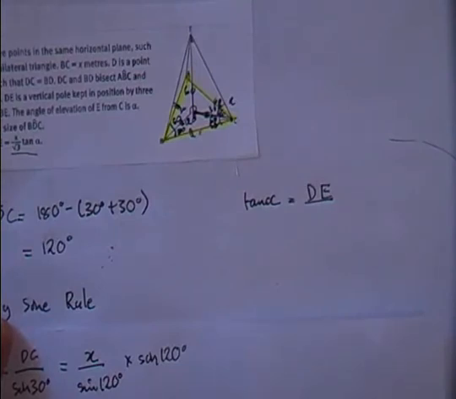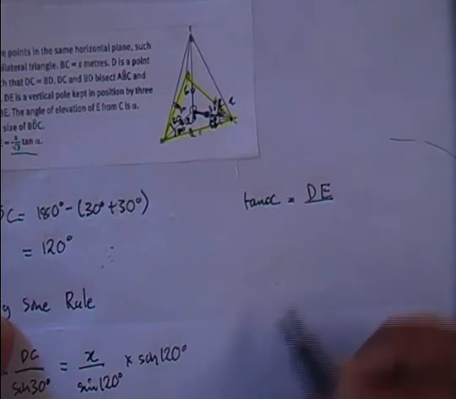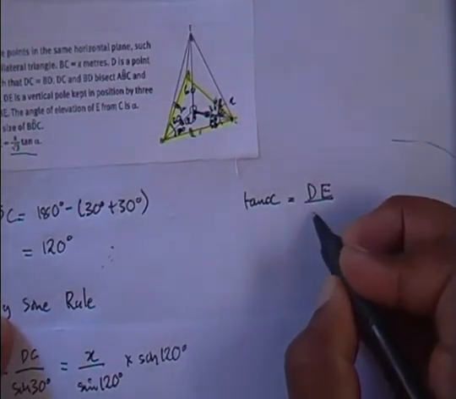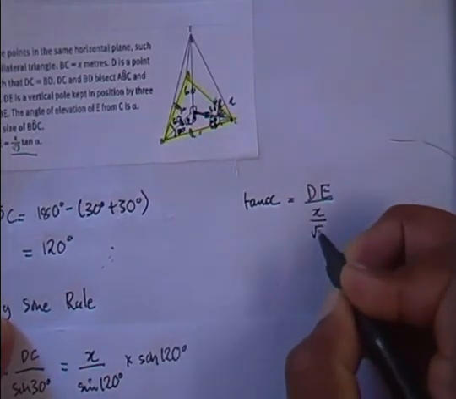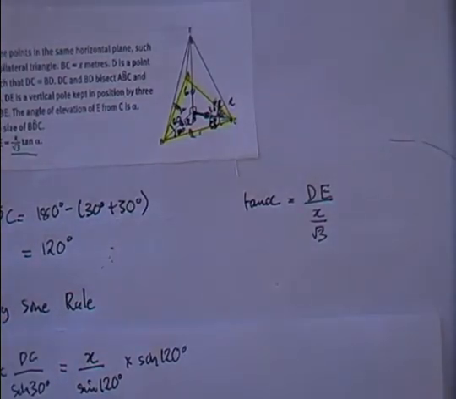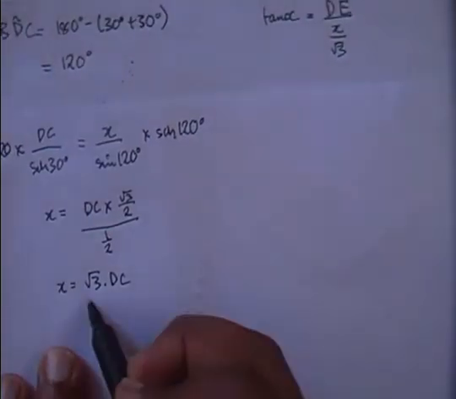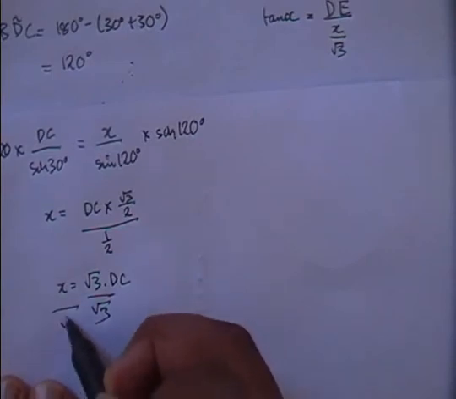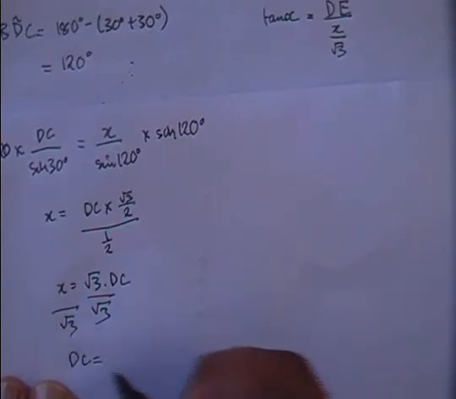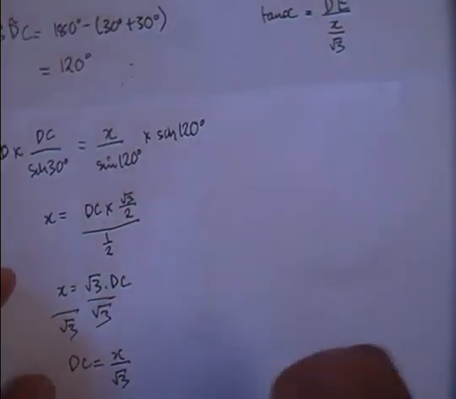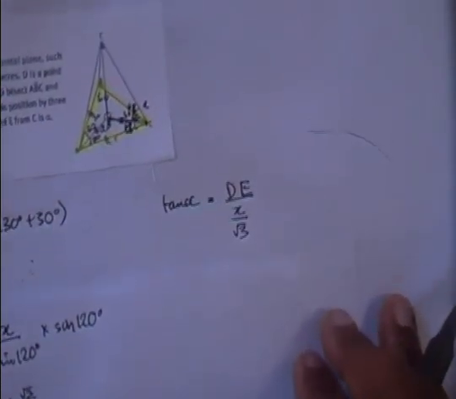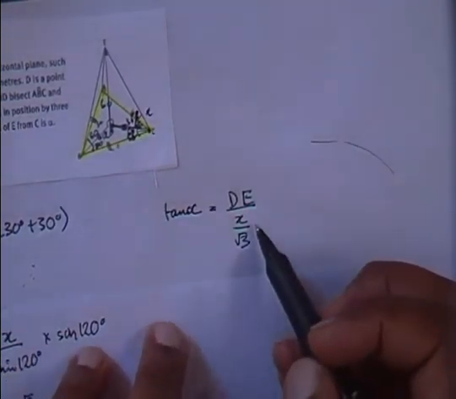But we know DC to be what? To be x over square root of 3. Why? Because on the final answer here that we had there, if we divide both sides by square root 3, we find that DC is going to be equal to x over the square root of 3. So that is what we're going to substitute over there as DC.